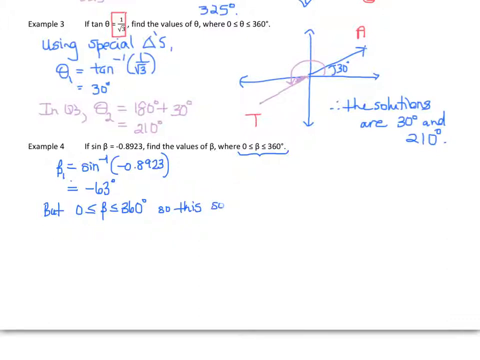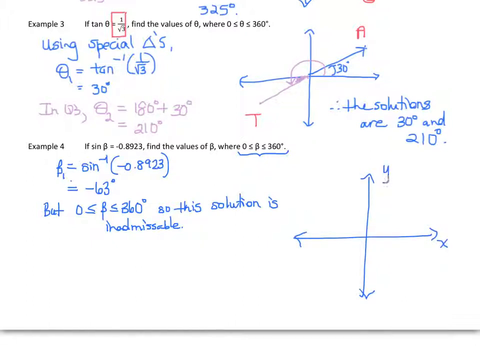So this solution is what we call inadmissible. Now let's draw a picture of where this terminal arm would be located.